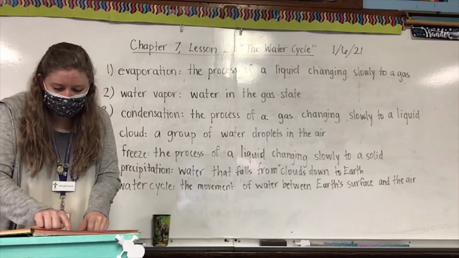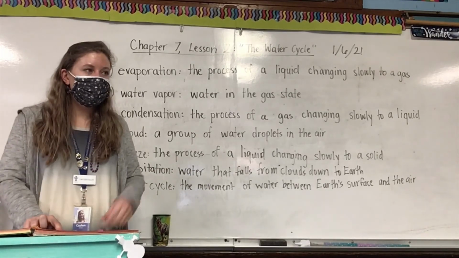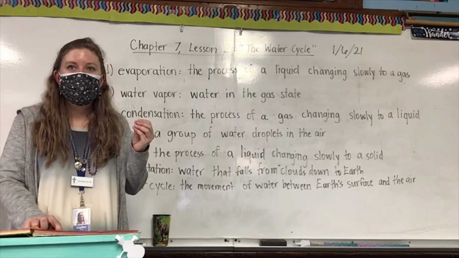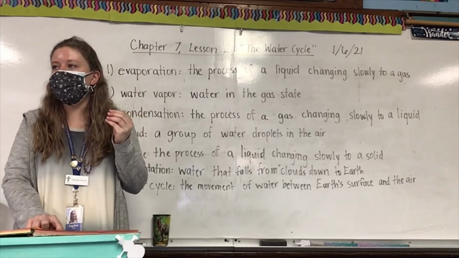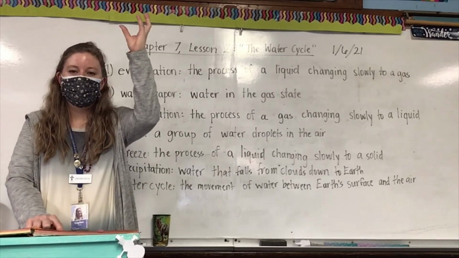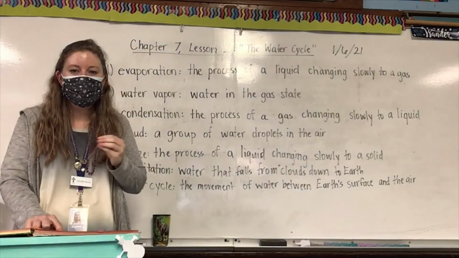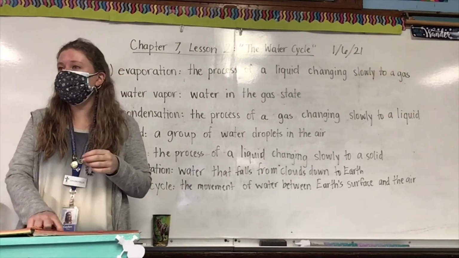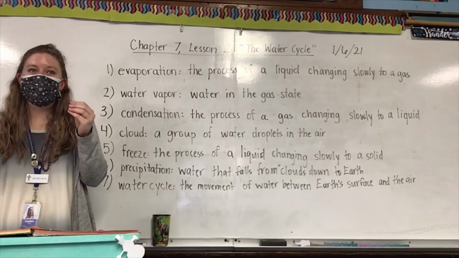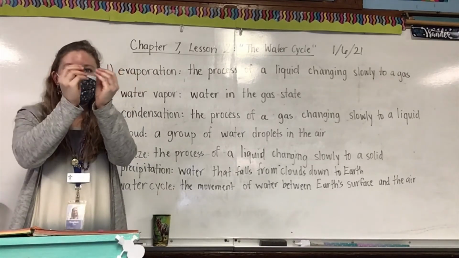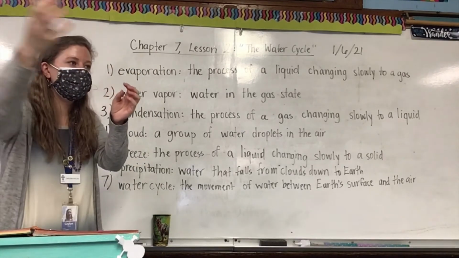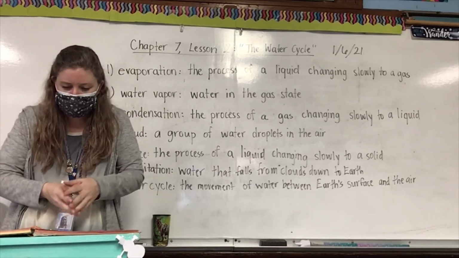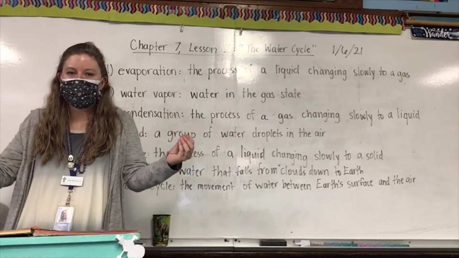Good. Then we follow that arrow and the water gets cool. And what process happens when that water vapor cools down? Condensation. It changes back into water. It comes together with little pieces of dust and other teeny tiny little droplets of water and becomes a what?